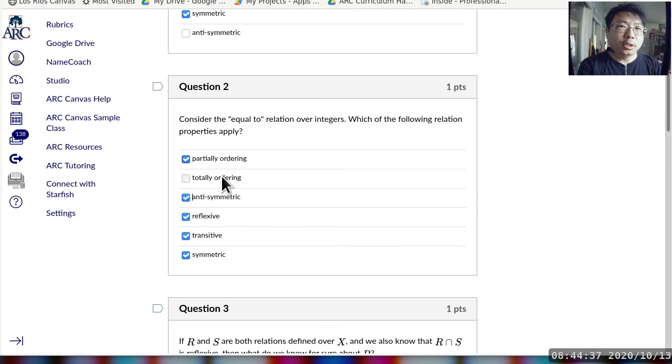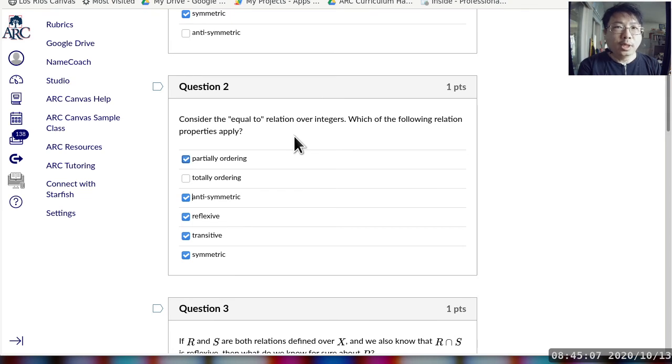So now the question is, is it totally ordered? Totally ordered means if you pick any two things out of the set X, in this case, the set of all integers, do they relate through whatever relation we're dealing with, which is equal to? And the answer is no, okay? Because let's just say that I pick 13 and 15. 13 and 15 do not relate one way or another.